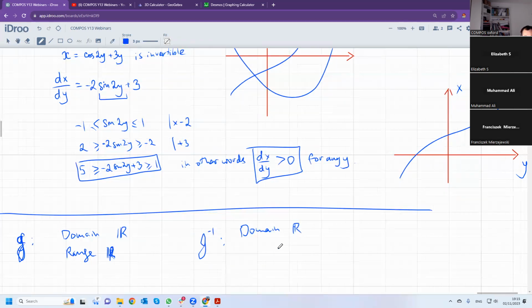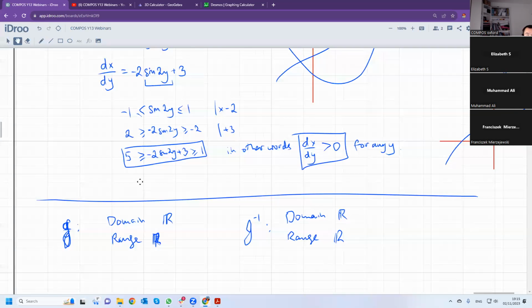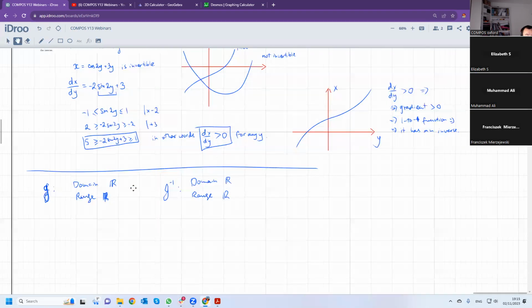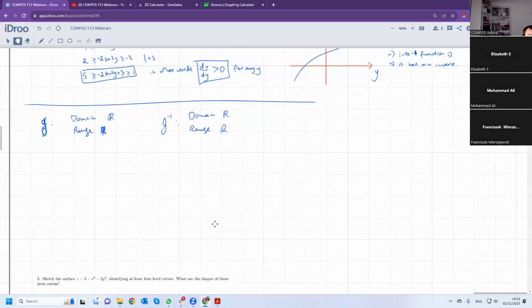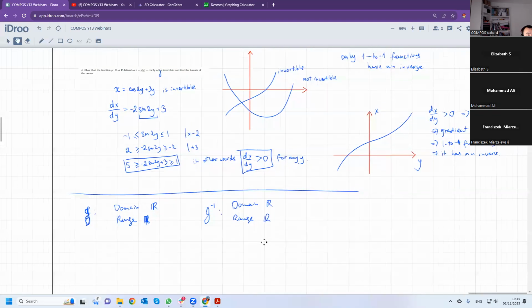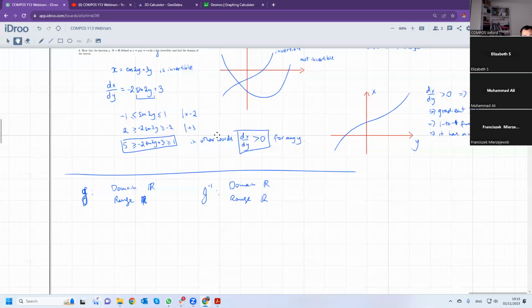So it is R, and the range is also all real numbers. With an inverse, the domain of the inverse function is equal to the range of the original function, and the range of the inverse function is equal to the domain of the original function. It's quite straightforward. So not a very sophisticated problem.